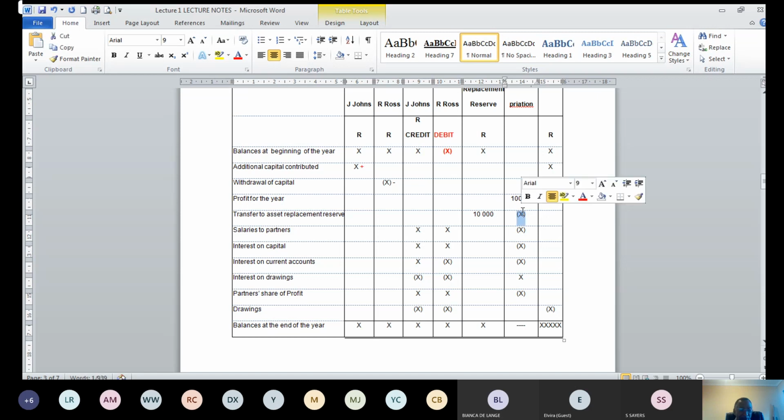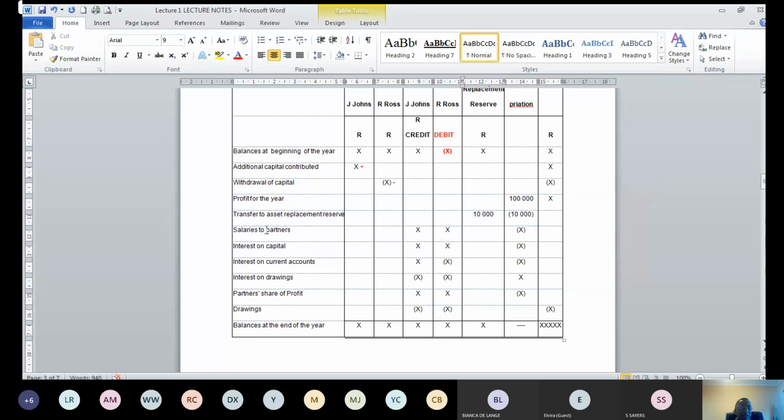But the available profit decreases now by 10,000 Rand. Even though we made a profit of 100,000, 10,000 Rand will decrease your profit now, and the available profit to be shared amongst the partners at this stage is only 90,000 Rand left now. It's 100 minus the 10.